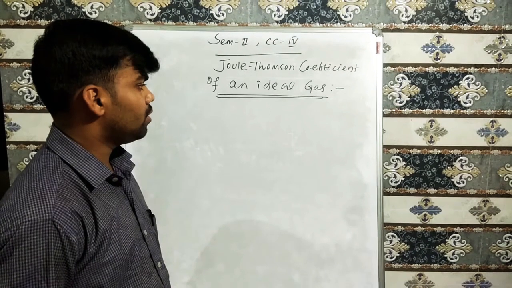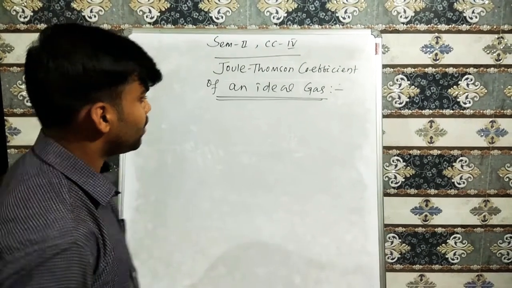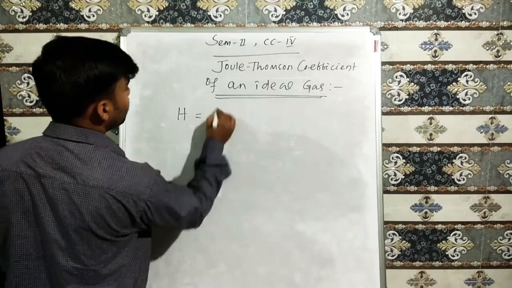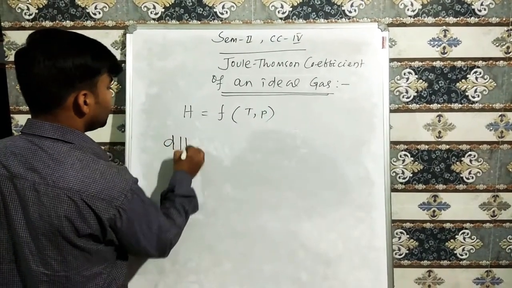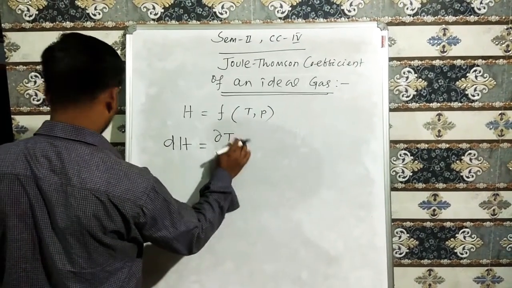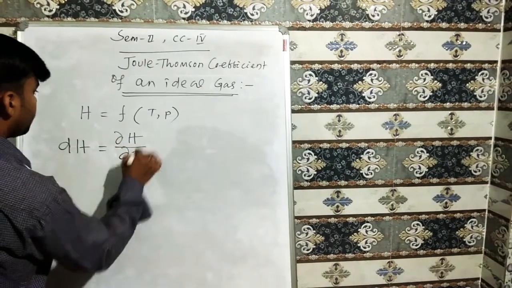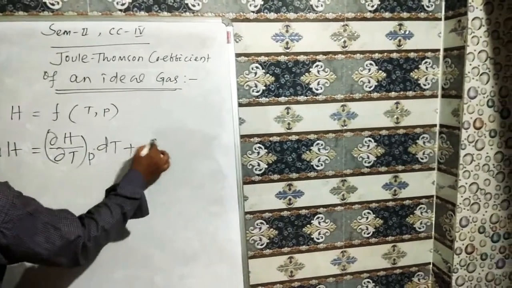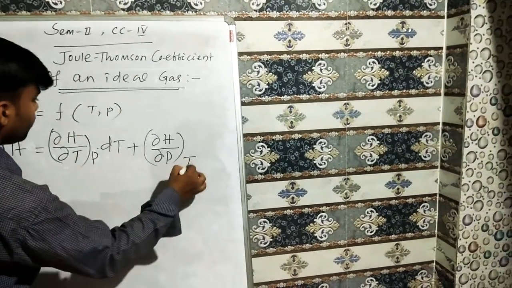So let's consider enthalpy is a function of temperature and pressure, H = f(T, P). So we can write dH equal to del H by del T at constant P times dT plus del H by del P at constant T times dP.